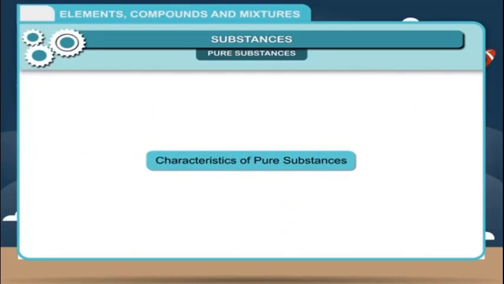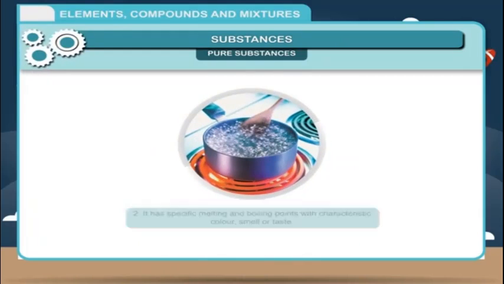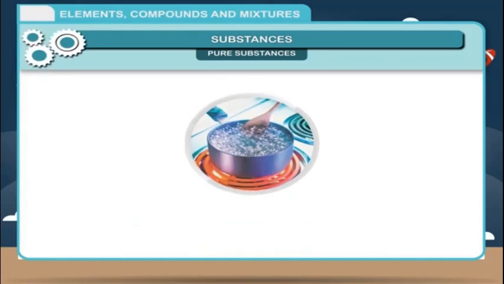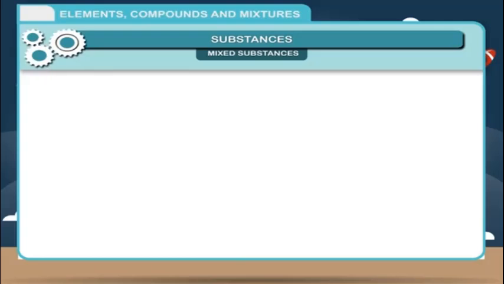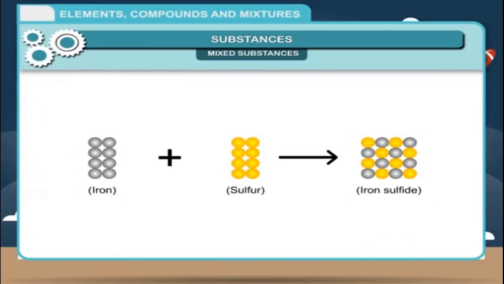Characteristics of pure substances. 1. It has a definite composition. 2. It has specific melting and boiling points with characteristic color, smell, or taste. Mixed substances. Mixture is formed by simply mixing 2 or more different components. In a mixture, all different components retain their individual properties.